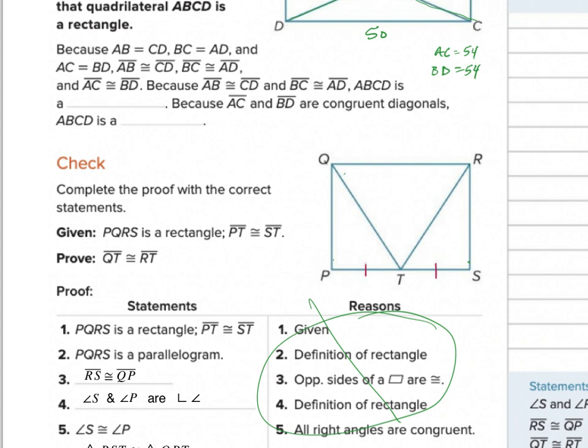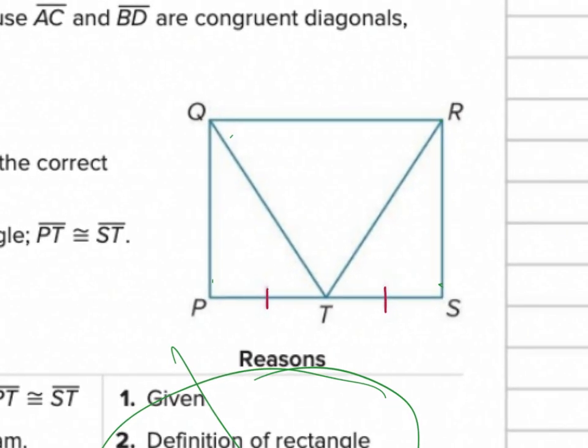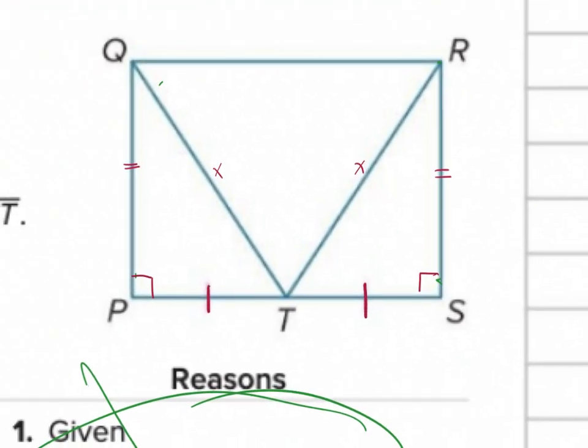Okay. Well, if it's a rectangle, what do we know? We know that these are 90 degrees because all my corners are 90 degrees in a rectangle. If it's a rectangle, I know that as a parallelogram, opposite sides are congruent. And that gives me enough right there that I can prove that this measurement is the same as this measurement because I have two congruent triangles.